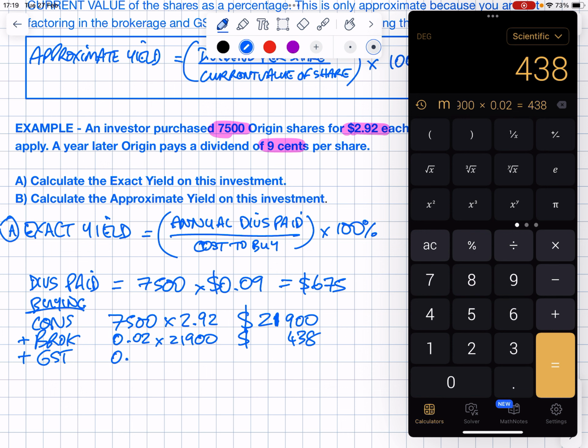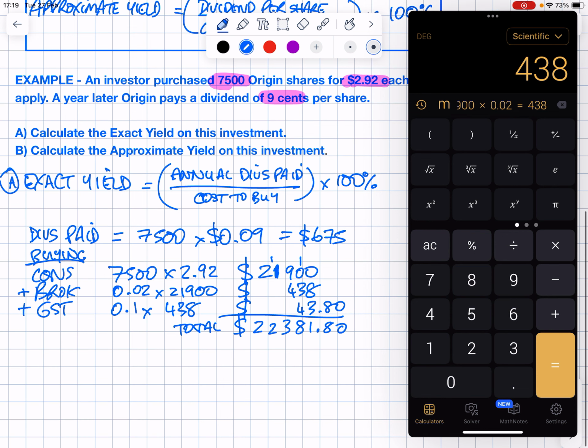And GST is 10%, 0.1 times by 438, which gives you $43.80. So the total is $22,381.80. So now I can find the exact yield.